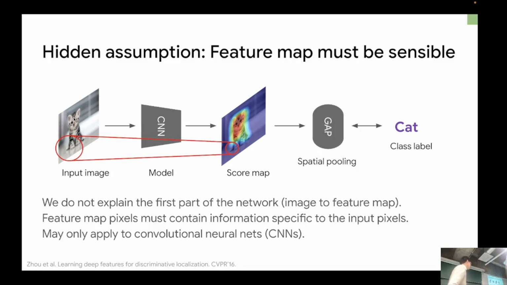Well, this is a translation invariant, or translation equivariant, convolutional neural network, so there's a good reason why that should work. But we should also keep in mind the field of view for every single pixel in the feature score map. The field of view goes beyond the input image, actually.